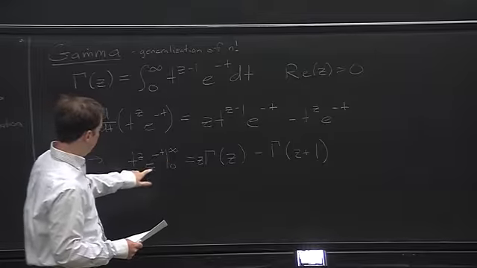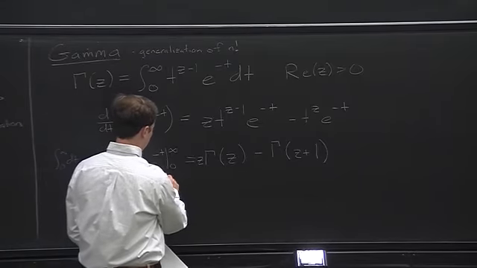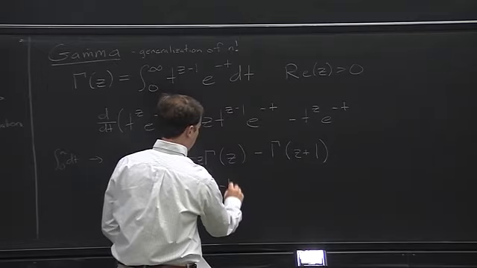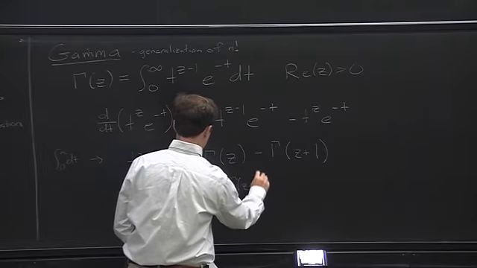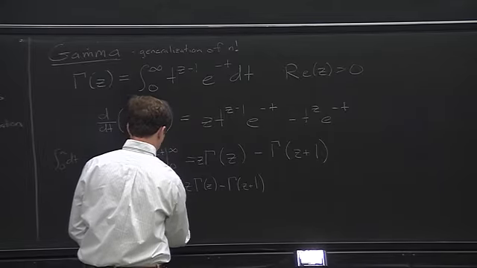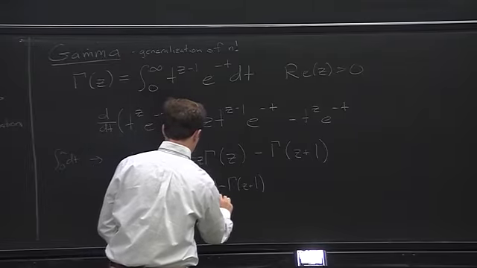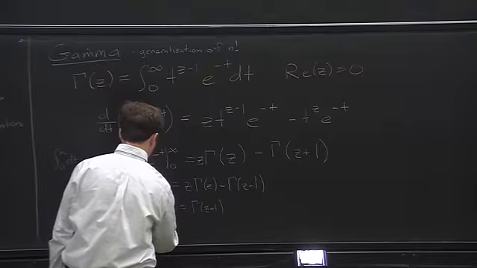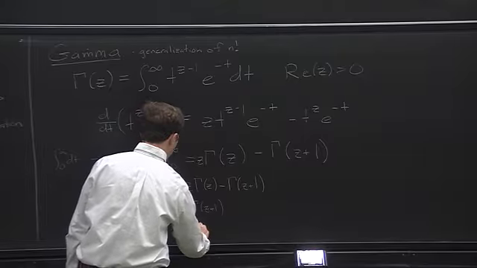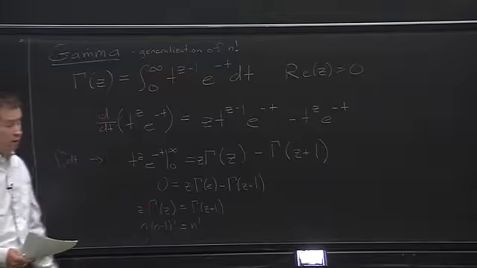And at infinity, the e to the minus t wins, and we again get 0. So we get 0 is z gamma of z minus gamma of z plus 1. Or z gamma of z equals gamma of z plus 1, which should be compared to n times n minus 1 factorial is n factorial. So it's the same kind of relation we had before.